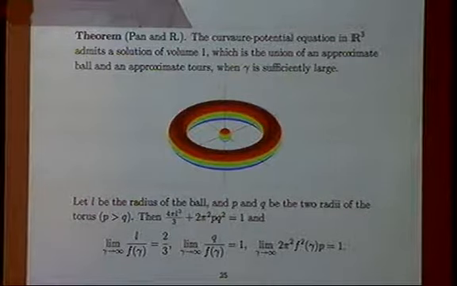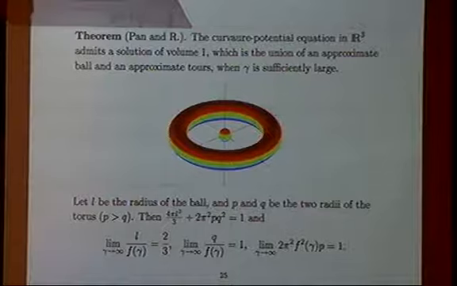One component is a torus outside, and the second component is a small ball inside. So something like this. Of course, not the exact ball, but approximately a ball and an approximate torus. The union of these two can also satisfy that equation in R3.